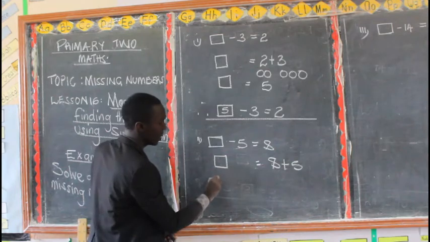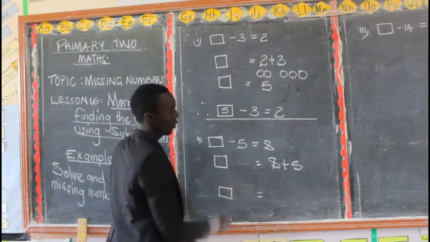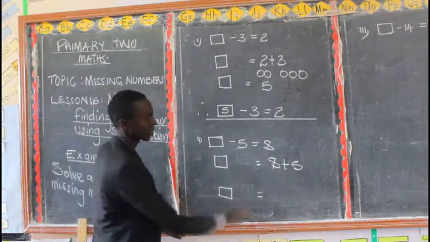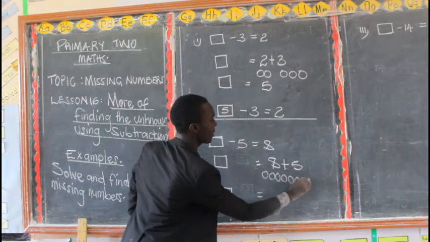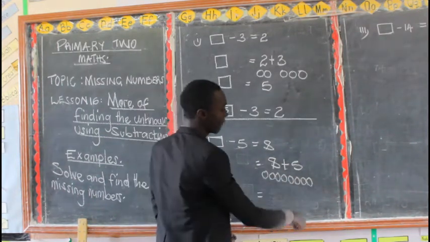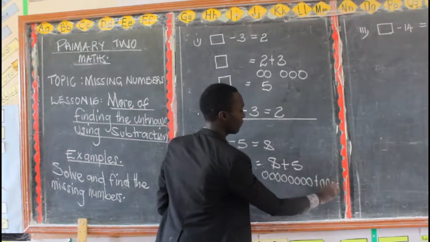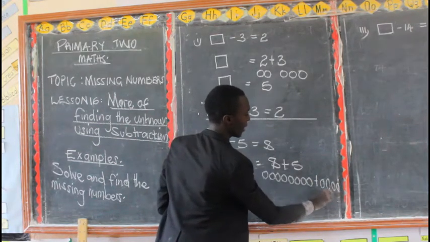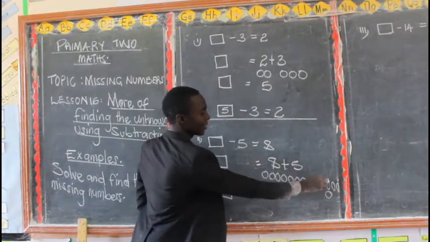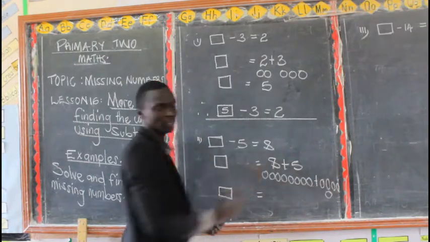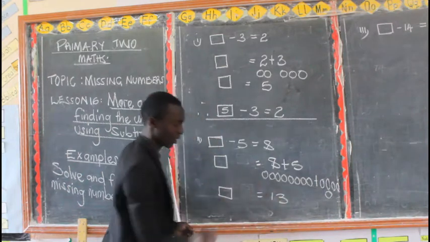Therefore my box will be equal to 8 plus 5. 8, 9, 10, 11, 12, 13. You get 13. So your box is equal to 13.